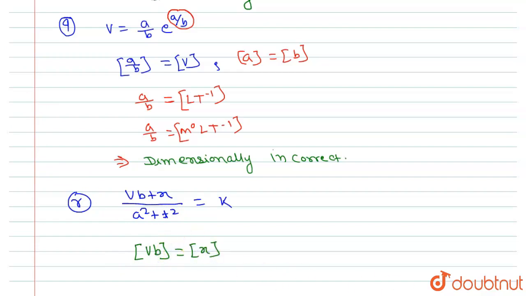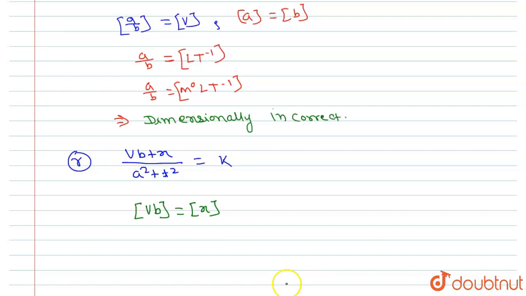Clear? So from here we can find the dimension of B. Here we can see that B is velocity. So the dimension of B equals the dimension of x, that is L, and the dimension of v is meter per second. So this is equal to L T minus 1.